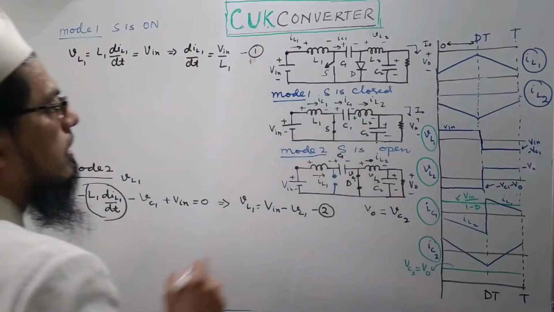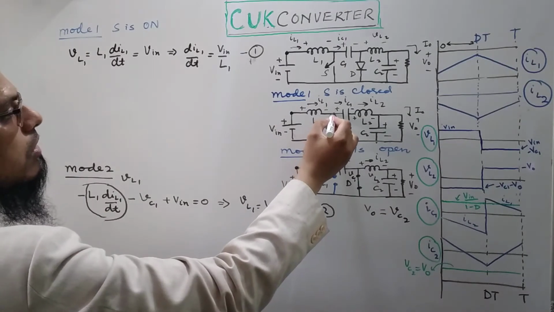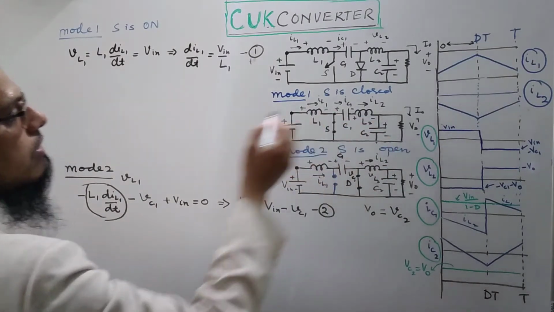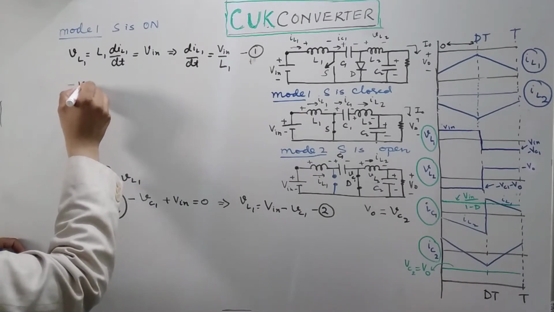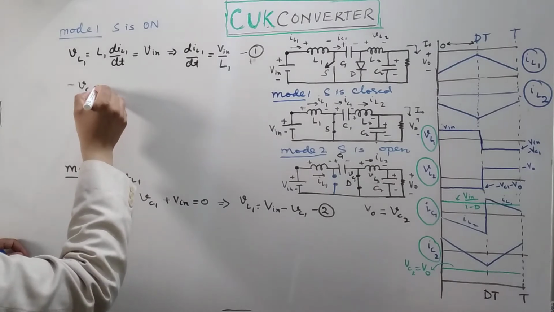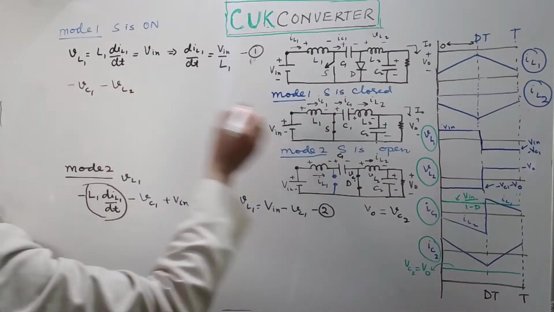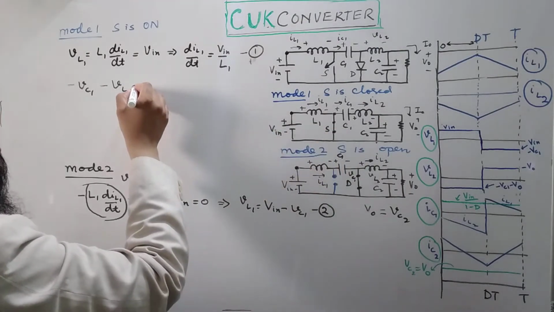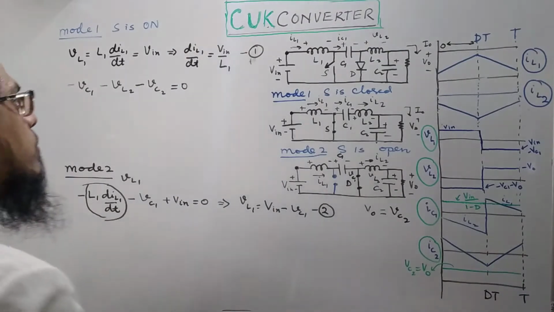Let me apply KVL in mode 1 for inductor 2. So let me start from this point and let me move like this. First C1 is encountered, so minus VC1, and then we have got inductor L2, again minus of VL2, and then we have got the capacitor C2, again minus of VC2 is equal to 0.